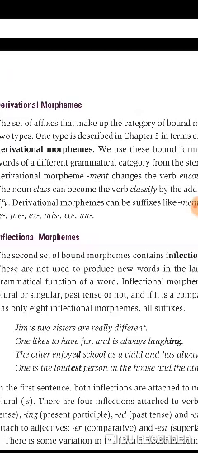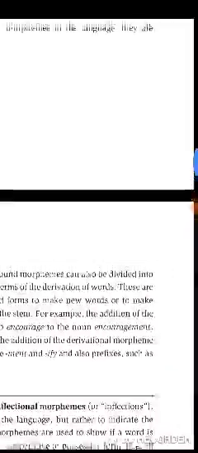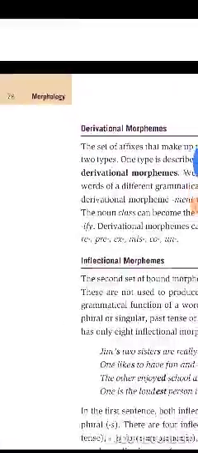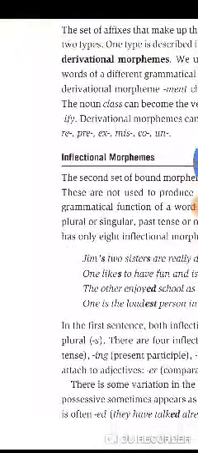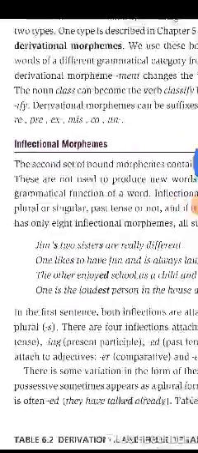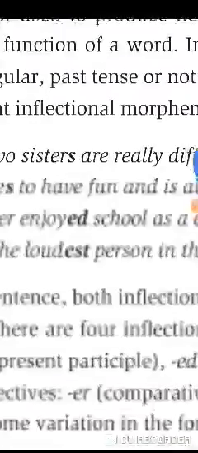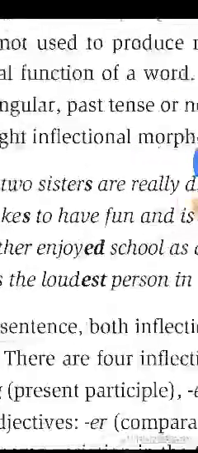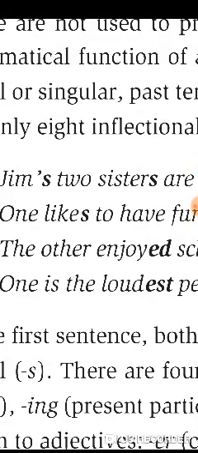When we say Jin's two sisters, what page is it? It's page 78. The topic is inflectional morphemes. Line 6. Jin's two sisters are really different. Jin's, apostrophe s, or sisters, as plural.